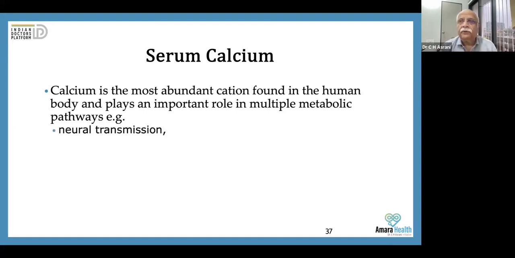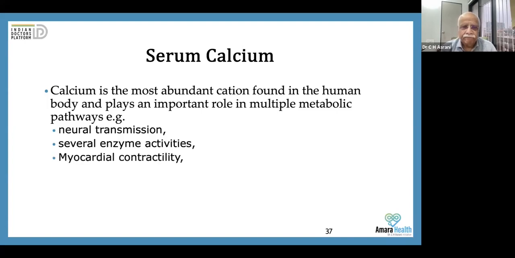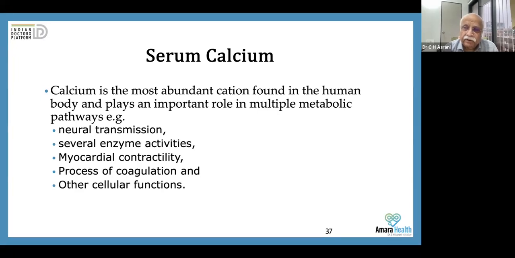It is very important for nerve transmission, important for several enzyme activities that go on in various metabolisms. Myocardial contractility, calcium is required. Process of coagulation also requires calcium. And a lot of other cellular functions require calcium. The metabolisms per se require calcium.